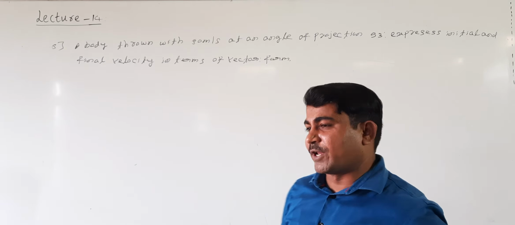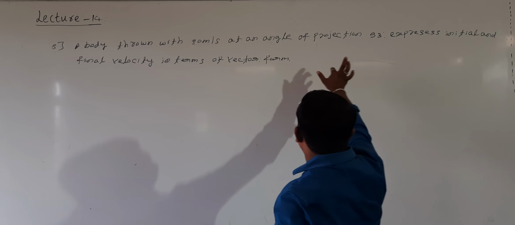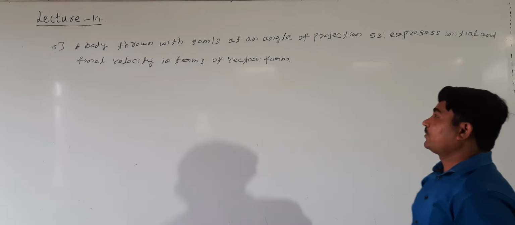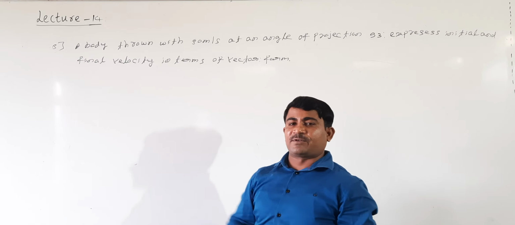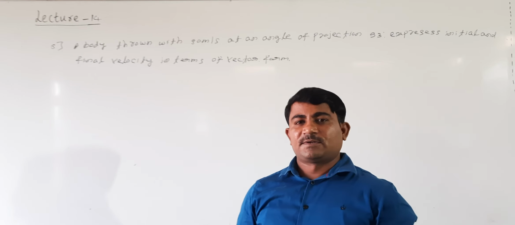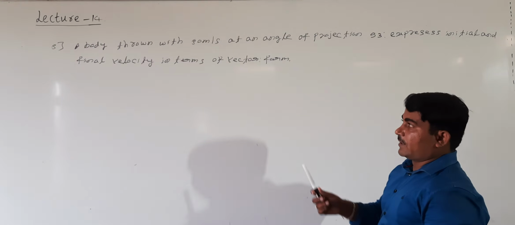Okay, one more numerical. A body thrown with 50 meter per second at an angle of projection 53 degree. Express initial and final velocity in terms of vector form. Very simple. Okay, students, look at here. How to solve this numerical? It is very important.